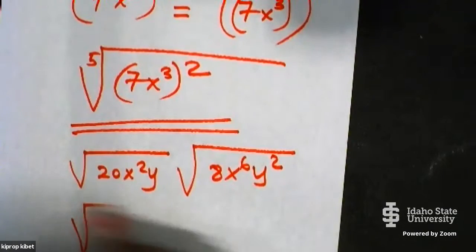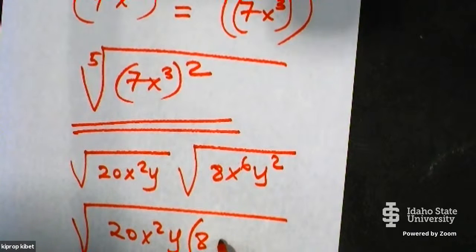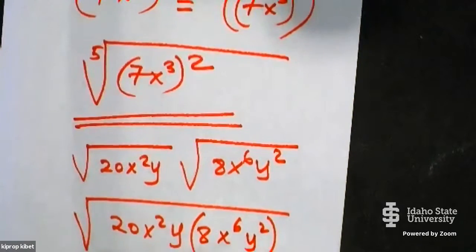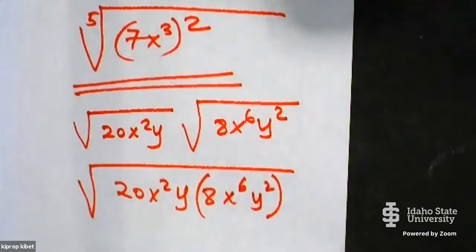So it is similar to the square root of 20x squared y times 8x to the 6 y squared. And then now you look at these and then you solve them. You simplify it. That is actually so easy.